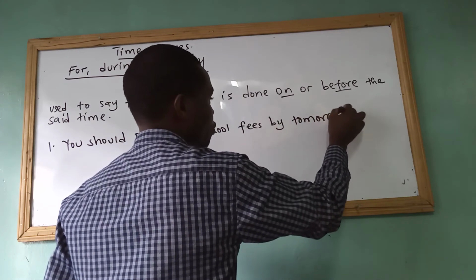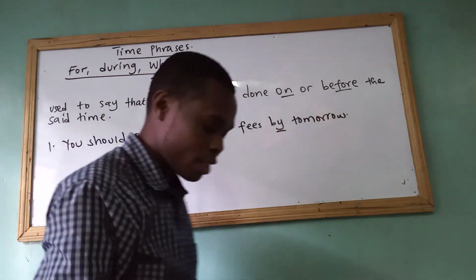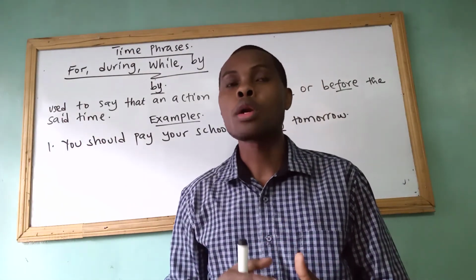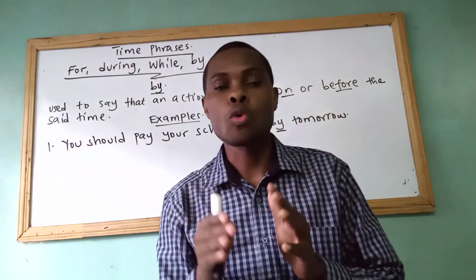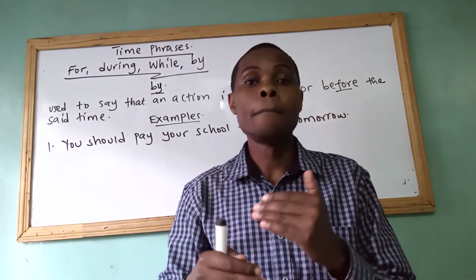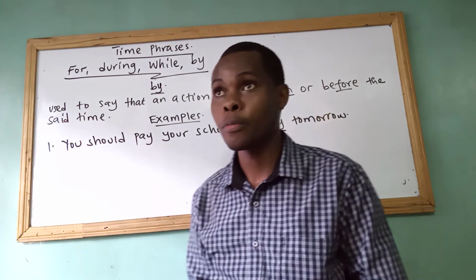You should pay your school fees by tomorrow. That means that you should pay on or before tomorrow. It's either you pay tomorrow or before tomorrow. Any date past tomorrow will not be allowed. Alright?